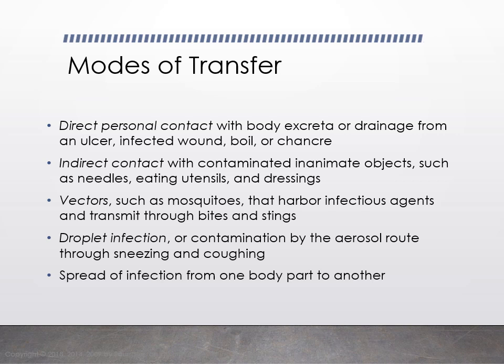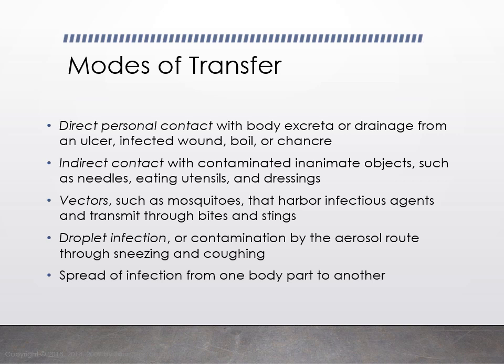Indirect contact includes contaminated inanimate objects, such as needles, eating utensils, or dressings. Vectors, such as mosquitoes, harbor infectious agents and transmit them through bites and stings. Droplet, so we've talked about the masks needed for droplet infection. Droplet or contamination by the aerosol route occurs through sneezing and coughing.